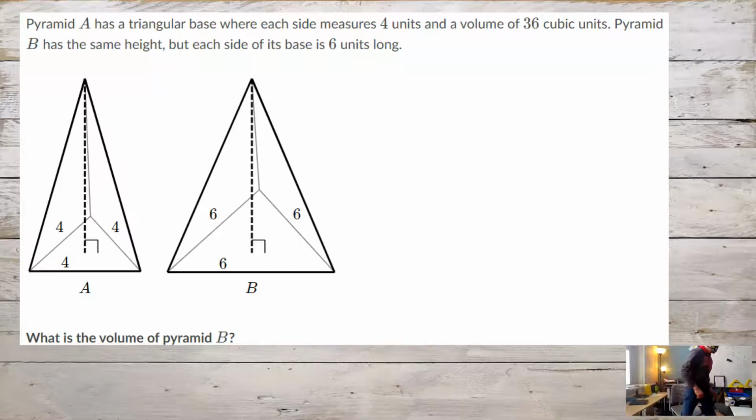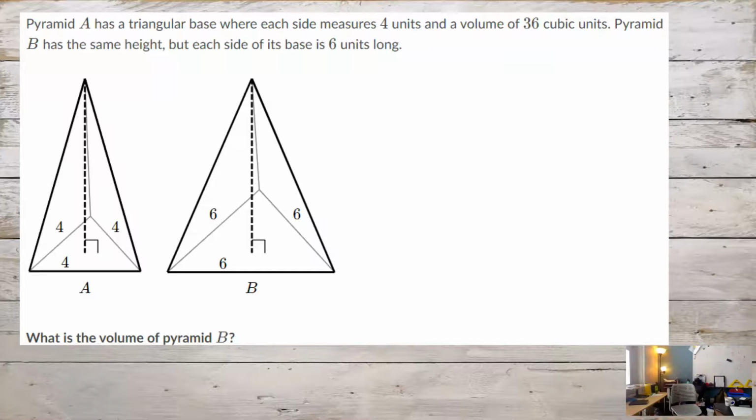This is on your homework. There are not very many of these problems, so the chances of you getting this problem are kind of high. So what I'm really saying is the volume of B will be 9/4 the volume of A. Because the lengths had that ratio of 3 halves, we took that and squared it.